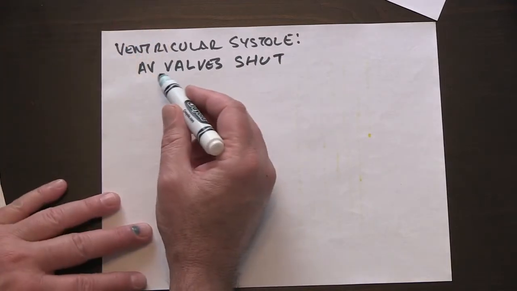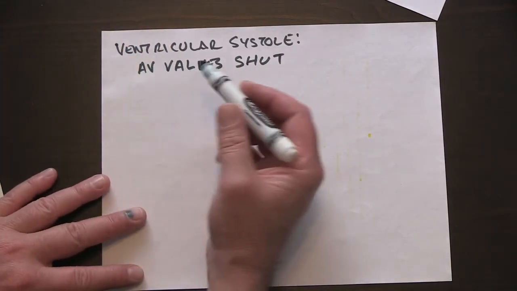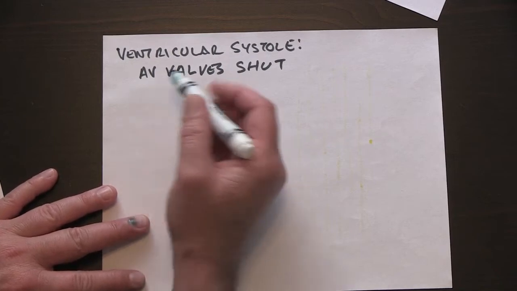AV valves are atrioventricular valves, the bicuspid and tricuspid valves.